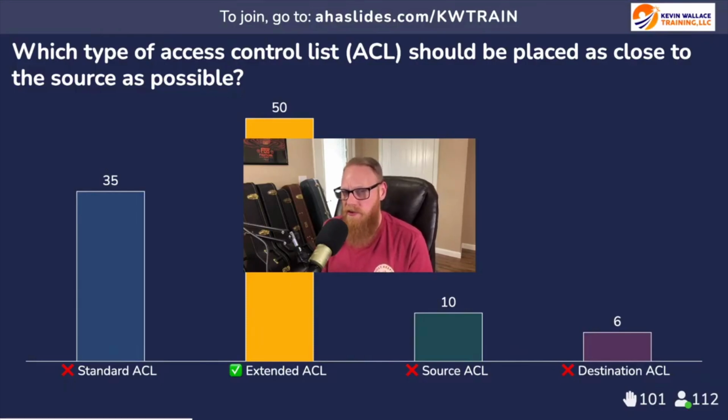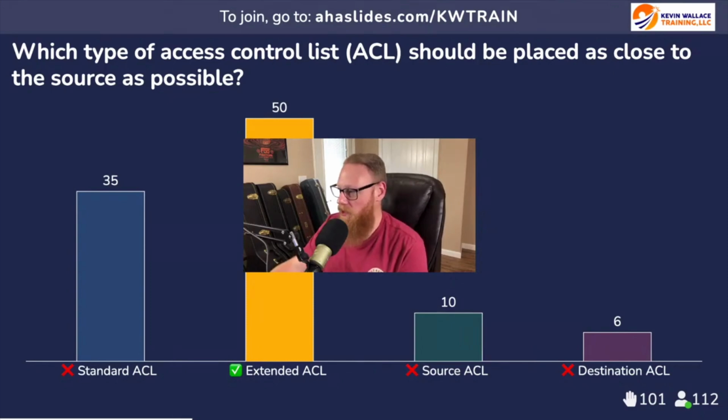The reason we want to do that is it makes sure that any unwanted traffic isn't taking up unnecessary network bandwidth. If we know we're not going out to particular destinations, then the sooner we can stop it, the more bandwidth we're going to save. When we're talking about standard ACLs, the opposite is true. The best practice recommendation for a standard ACL is to place that as close to the destination as possible.